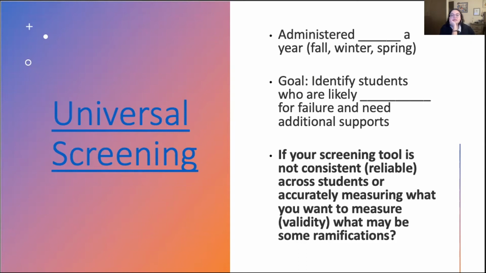Screening happens a couple different ways. The goal is to identify students who are likely at risk, so at risk for failure and in need of additional supports. There are essentially two main ways to screen. One is school-wide, usually beginning of the school year tests.